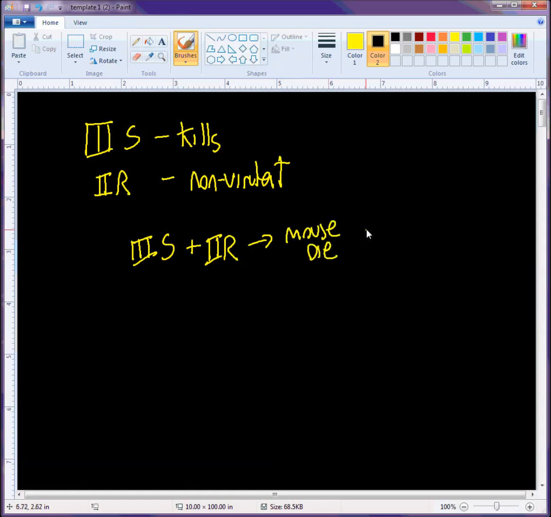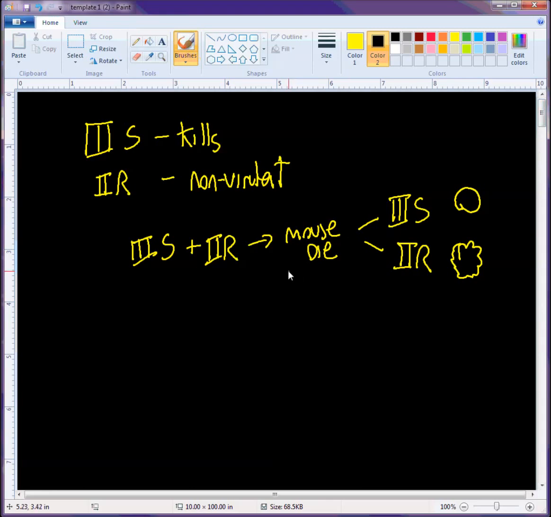And then Griffith is able to isolate live 3S bacteria and 2R bacteria. I've heard it's really easy to tell if you have 3S or 2R bacterium, because the colonies form nice smooth colonies for 3S and rough colonies for 2R. So it's very easy to tell what strain you have.